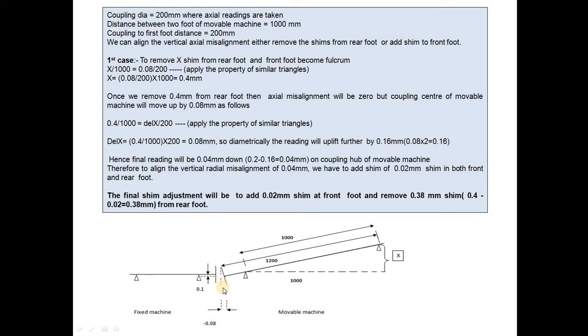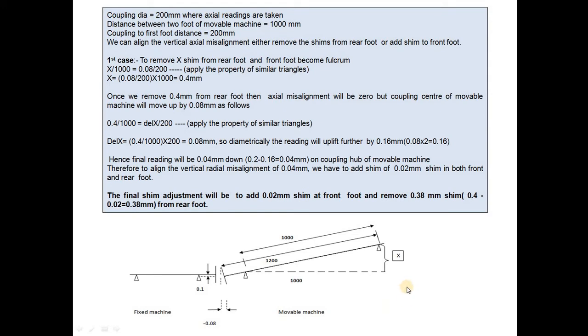To do this 0.04 correction, we have to add 0.02 on the front side and 0.02 at the rear side. But at the rear side we have already removed 0.4. That means 0.38 we have to remove from the rear side, and 0.02 we have to add on the front side. Then the vertical, radial as well as the axial alignment will be correct.